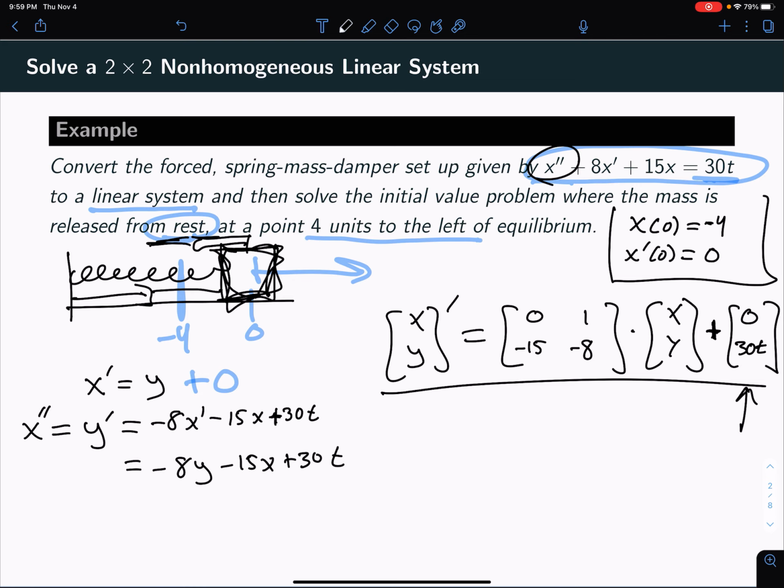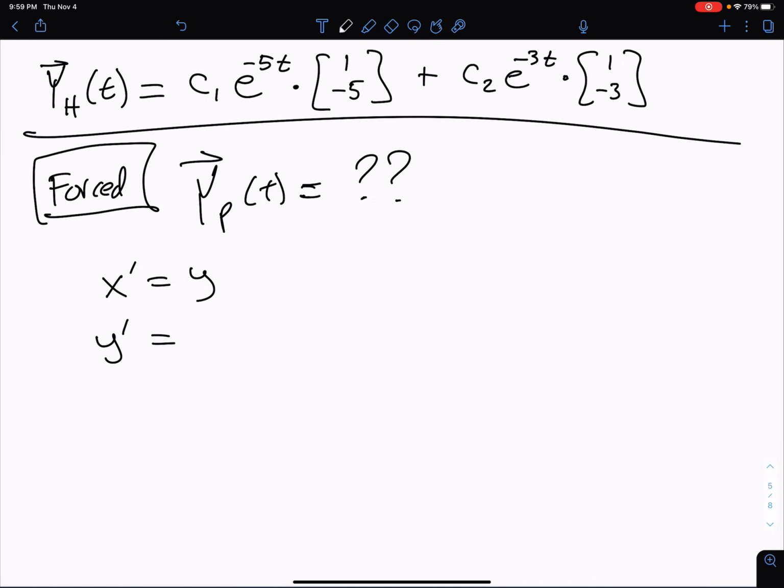Negative 15x minus 8y plus 30t. Okay, so if you think about this for a second, you've got a t over here, and that's going to equal a y prime, and some combination of x's and y's, and x prime is going to equal y.